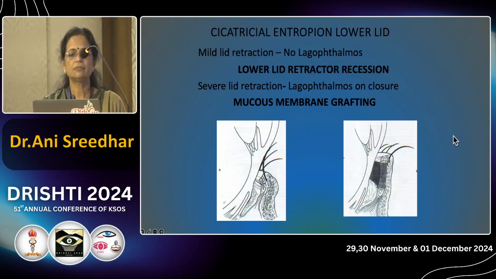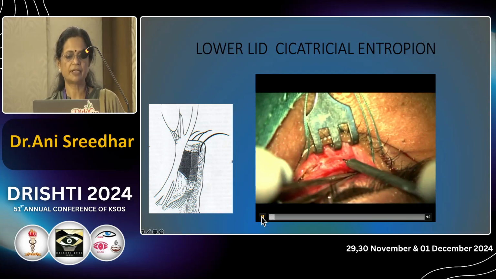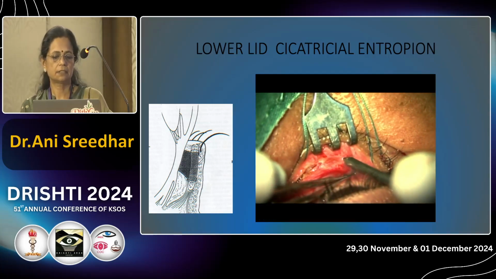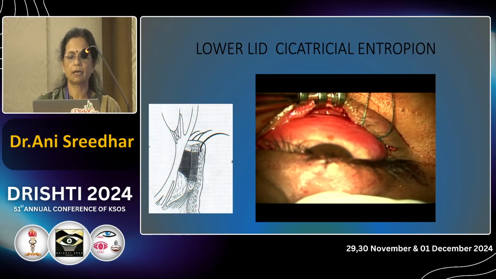Now, cicatrizing lower lid entropion. If it's mild, you can just do a lower lid retractor incision and leave it as such. But if it is severe, you may have to replace the defect that you have created with either a mucous membrane or some graft.